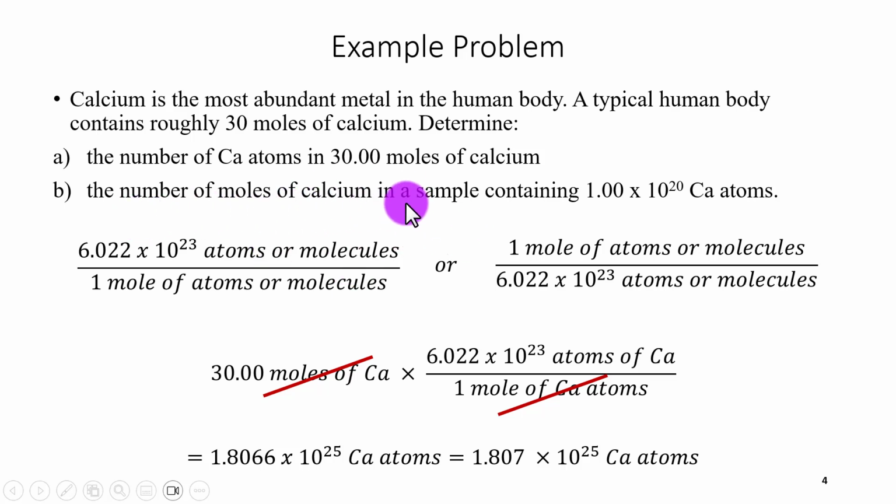For the second problem, you are given atoms and you are asked to figure out moles. Therefore, your number of moles better be a small number, less than 1 or 5 or 10 even, but nothing times 10 to the 20 or to the 25, because that large of a number of moles is way too large.